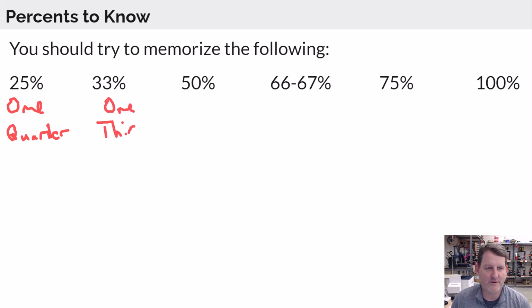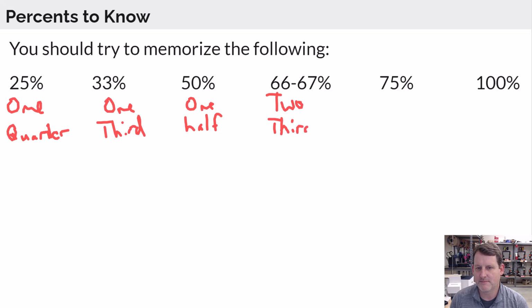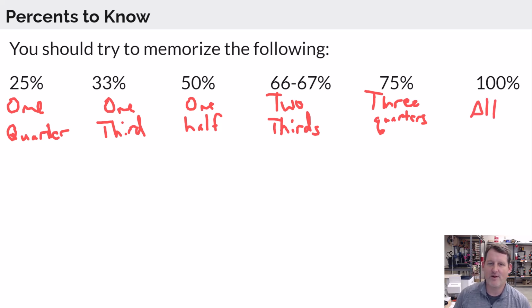Same as 1/3. 50% is 1/2, or just half. 66% is 2/3. 75% is 3/4. And then this is all, everything, the whole enchilada, however you want to say it. 100% is all of something. Okay.